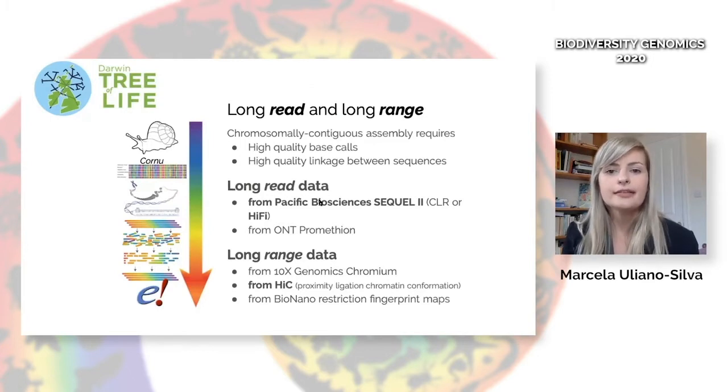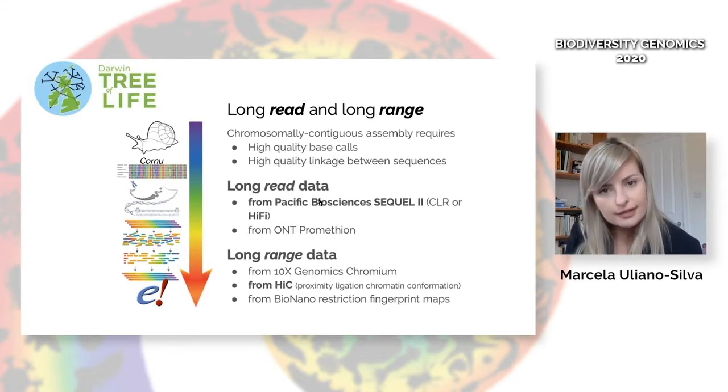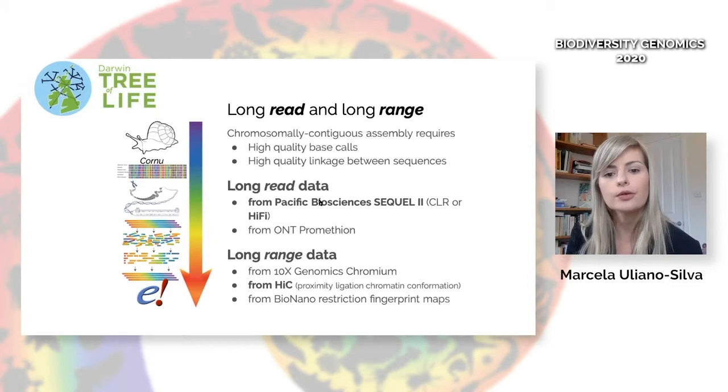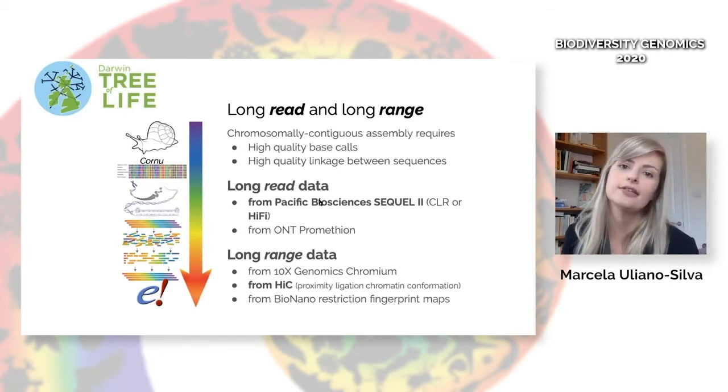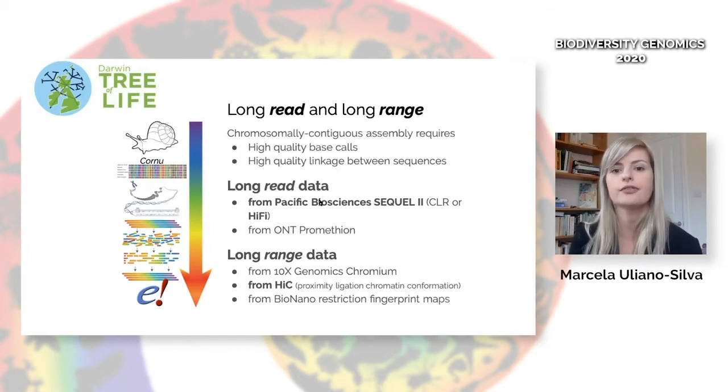In terms of the data types that we have for this project, we have what we call long read data, such as PacBio HiFi and Nanopore, and we have what we call long range, which is basically short reads from Illumina, but linked, like Chromium 10X reads or Hi-C reads that come from the 3D structure of the chromatin.